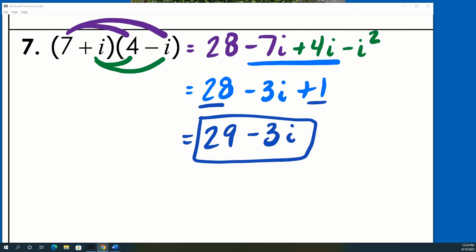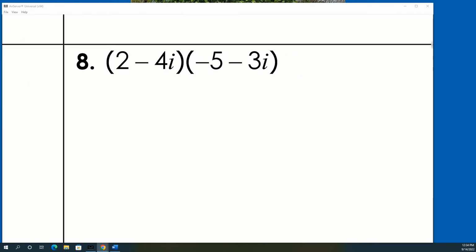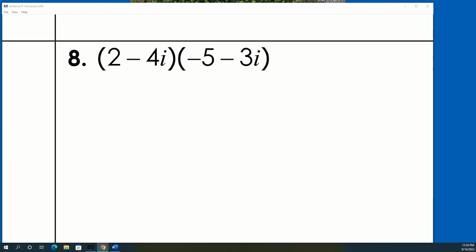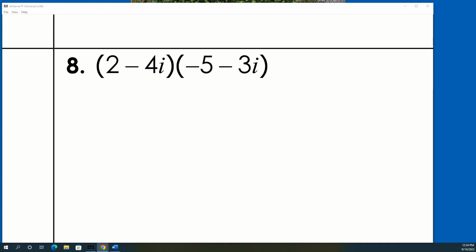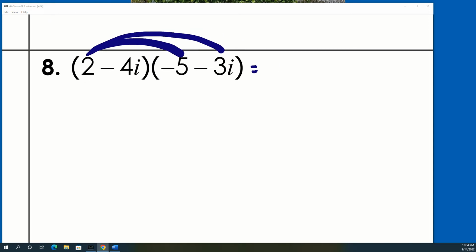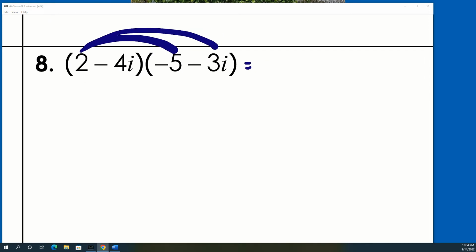Okay, number 8 is almost identical. So because there's no addition or subtraction between the parentheses, this is a multiplication problem. So we're going to do the double distributive property, or we'll multiply first, multiply by 2. And then multiply by negative 4i.